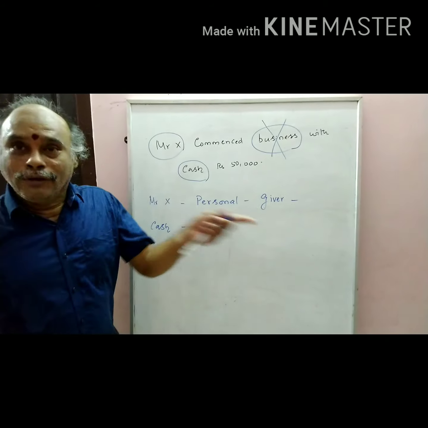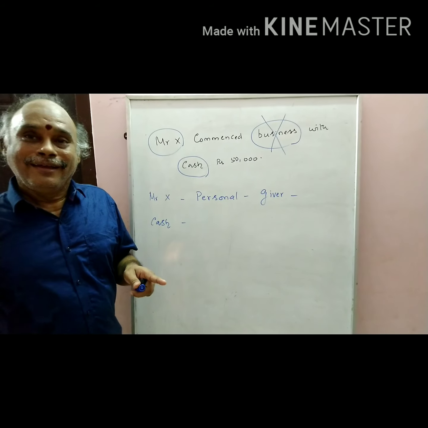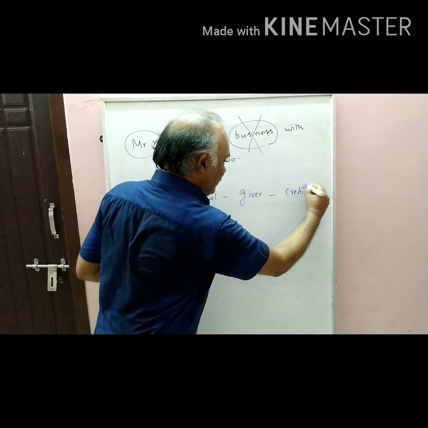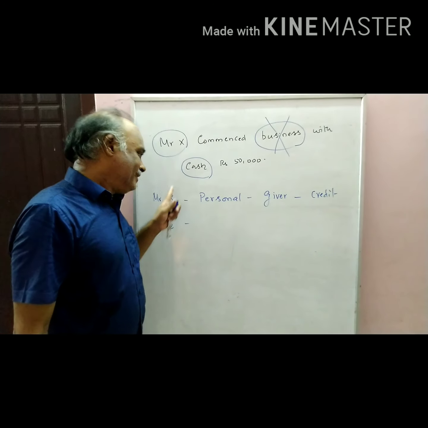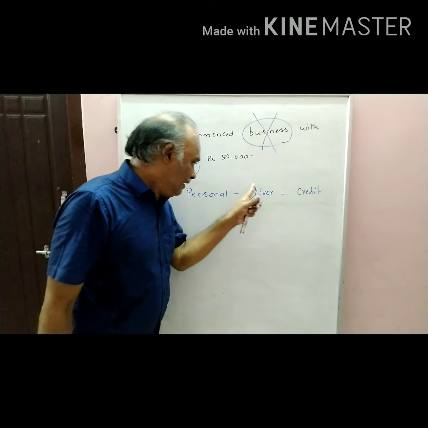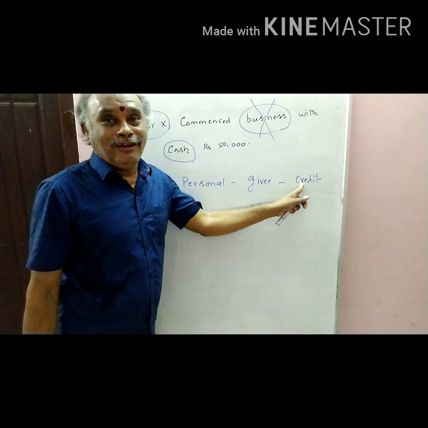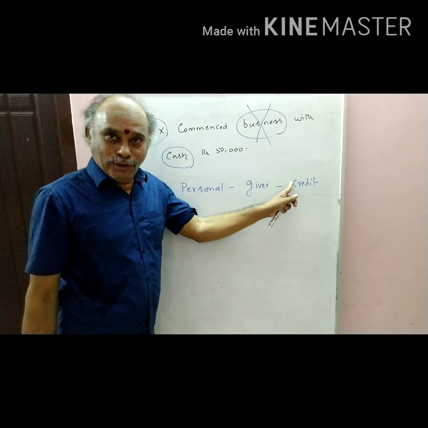And now we are going to apply the accounting rule. Whenever a person is the giver, we call him credit. So Mr. X, belongs to personal account. He is the giver. So as per the giver logic, the rule says you have to say credit to him.